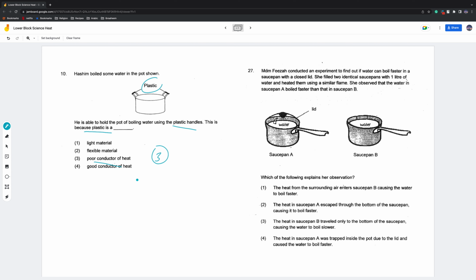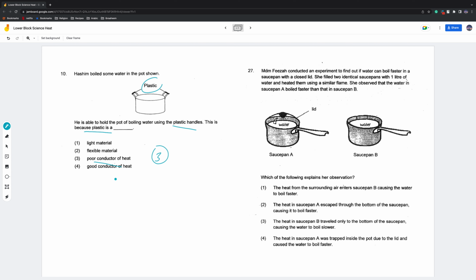What does poor conductor of heat mean? It basically means it gains and loses heat. Do not just focus on the gain heat. You must also focus on the lose heat part, because then you will have a better understanding of what poor conductors and good conductors mean.